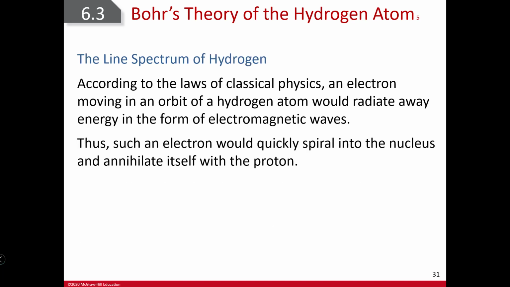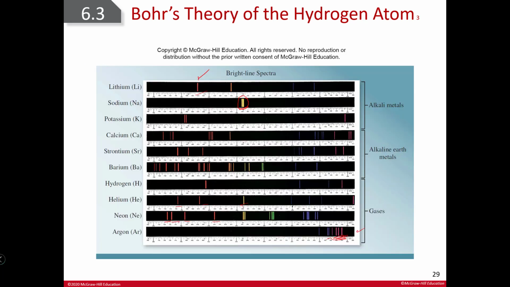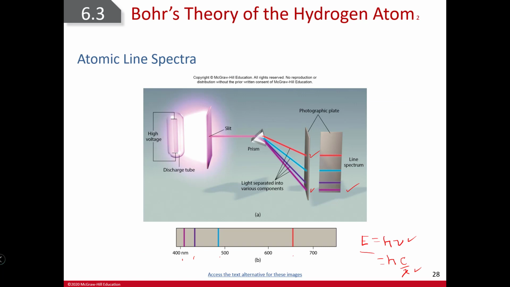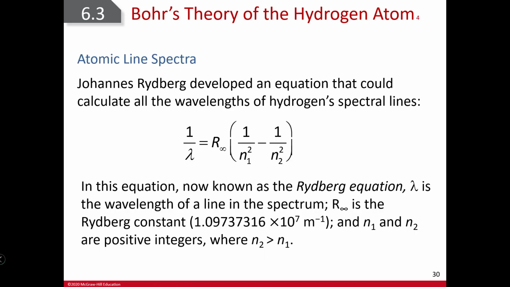So again, let's go back. Hydrogen looks like this. Here's the line spectra. And so he comes up with a mathematical equation to explain these wavelengths. And this is what's really neat. So we're taking math to describe something that physically occurs.